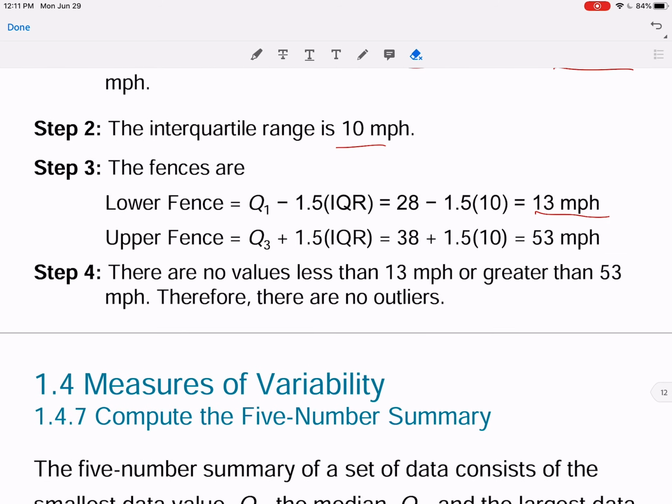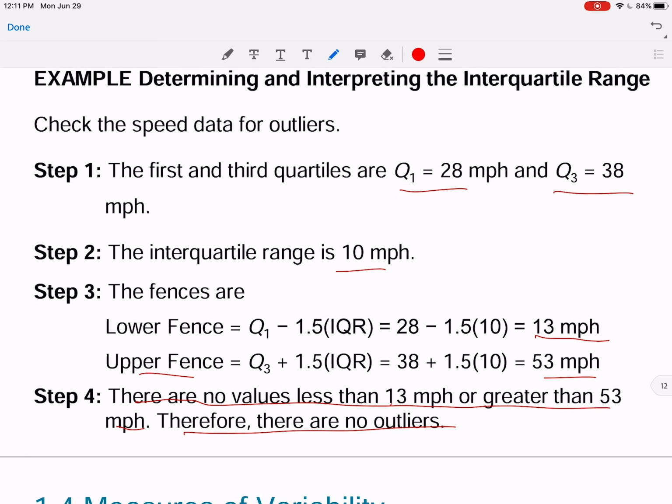And the upper fence is 53. So since there are no values less than 13 or greater than 53, there are no outliers. Once again, if you want to find the outliers of a data set, you just need to follow the 4 steps over here.